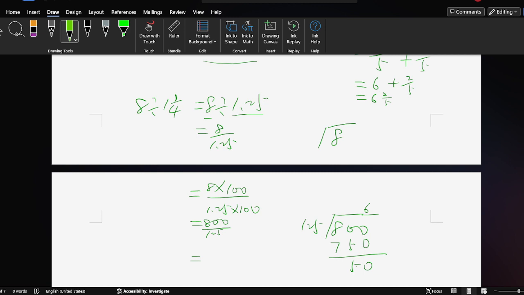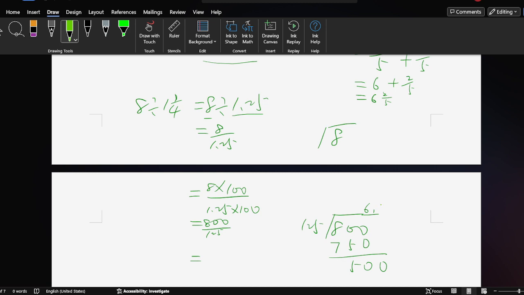So 50 divided by 125 is not enough. Put a 0. Here is 800, but if we put more numbers, we put a point.